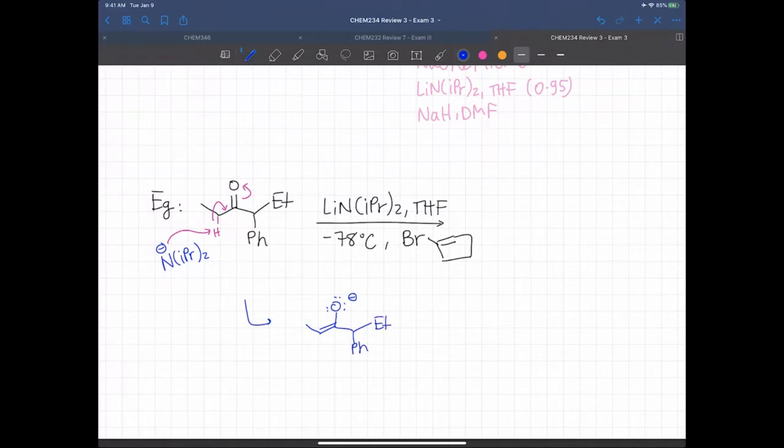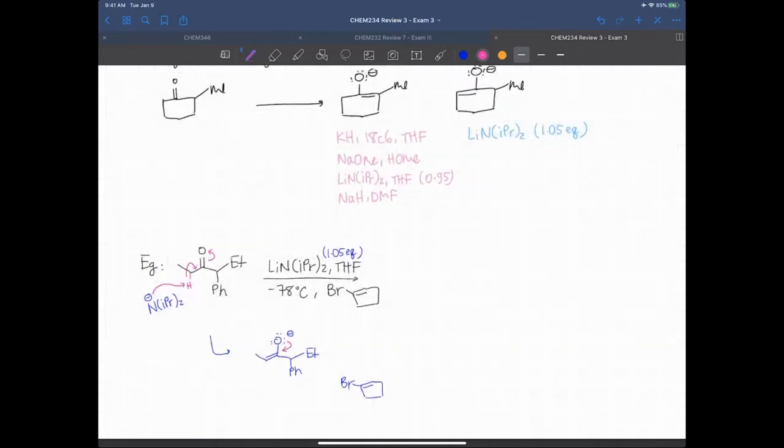Then this acts as a good nucleophile and attacks the electrophile. Oops, 1.05. Good job. So then this goes down here, and the double bond is a good nucleophile and attacks, kicking it off here.